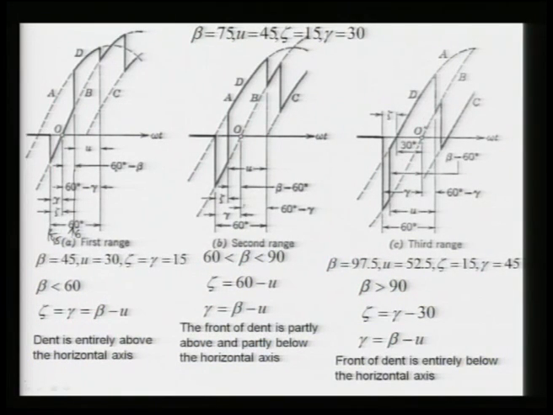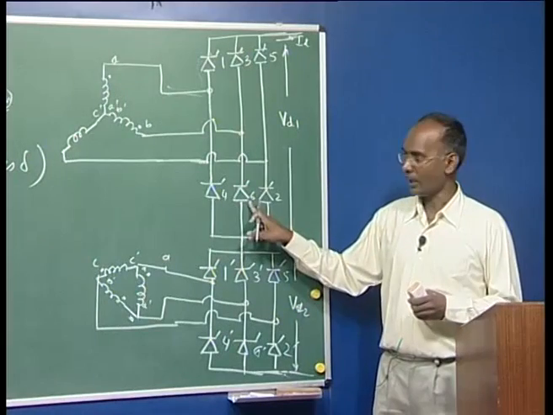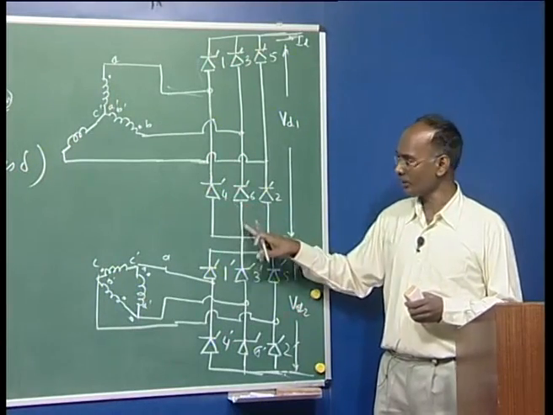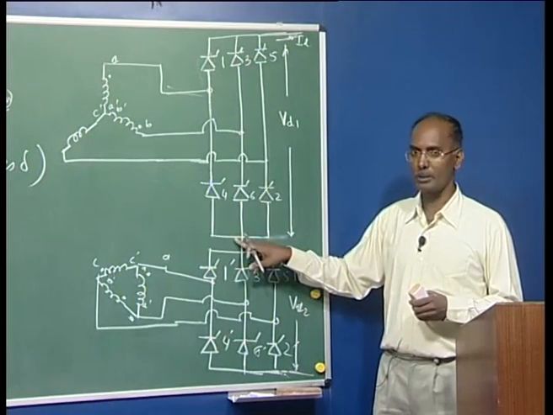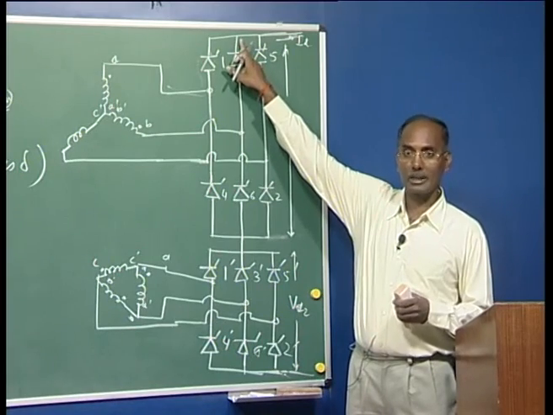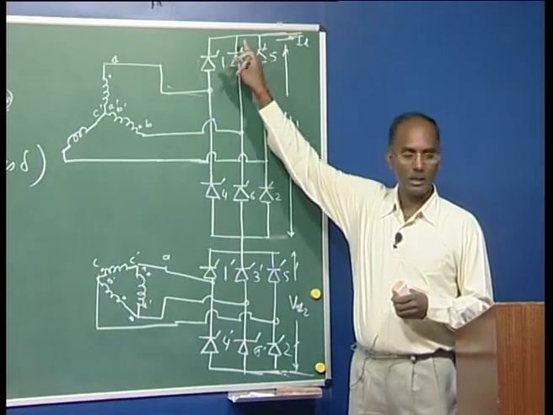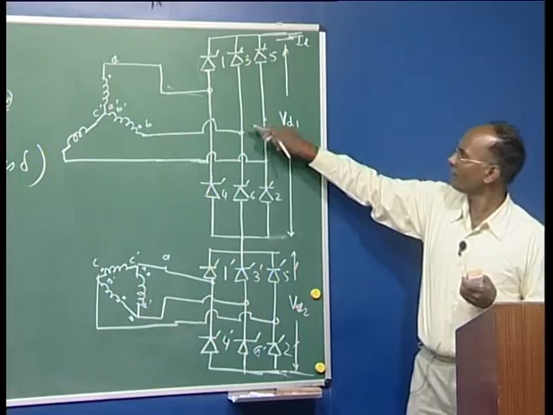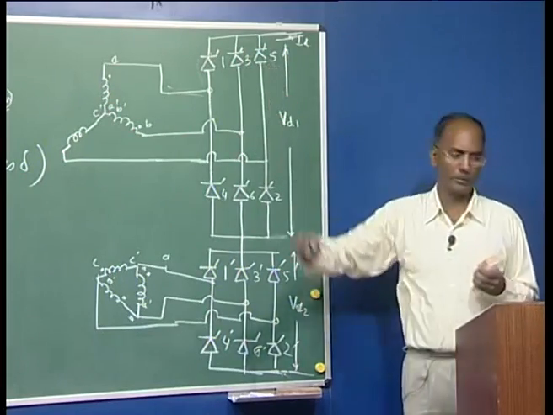Once 6 is coming, there is a commutation between 4 and 6 taking place, and the voltage becomes minus EC by 2. So, minus EC by 2, and here it was conducting, so it is minus 1.5 EC, and that is why it is following this 1.5 EC.